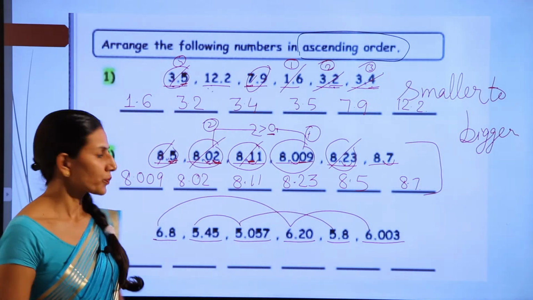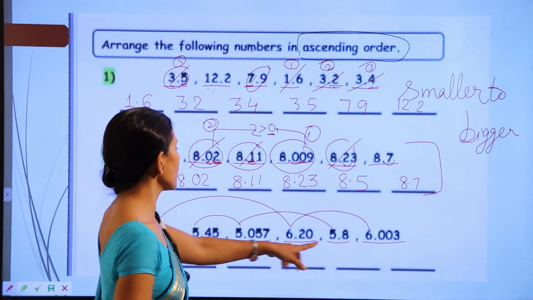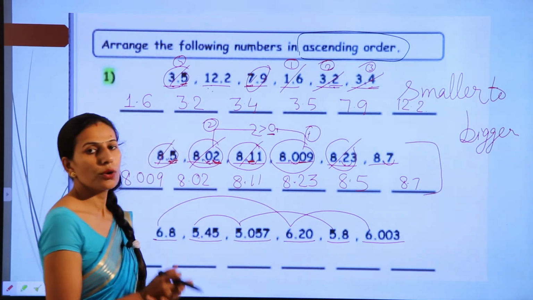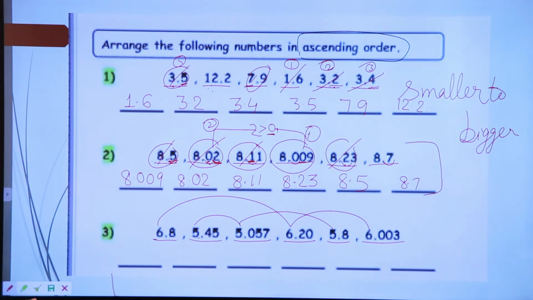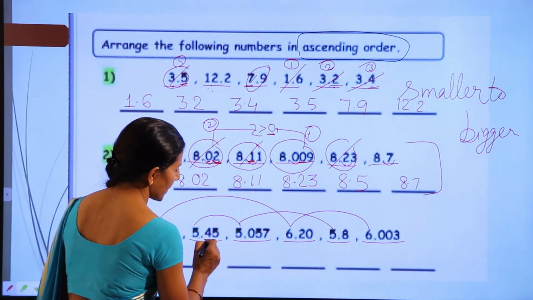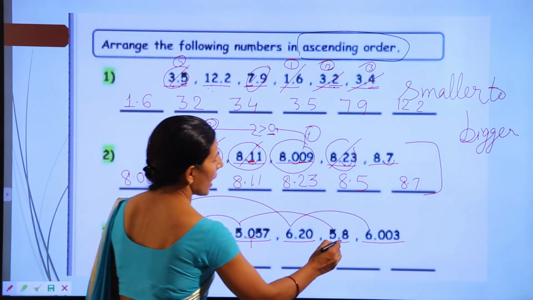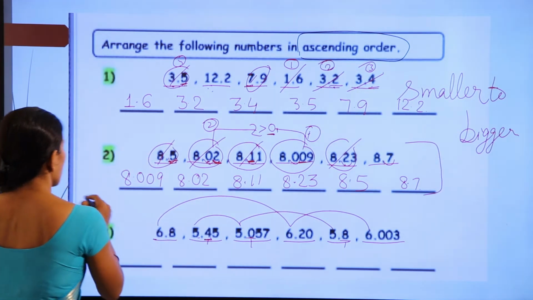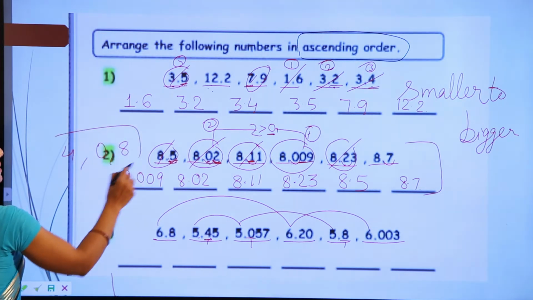So what do we do? 5 is the smallest, right? 5 is smaller than 6. So first of all, we will compare these numbers which have 5 as the whole number. So see the next place, means tens place. We have 4 here, 0 and 8. So which one is smallest? 4, 0 and 8. Which one is smallest?